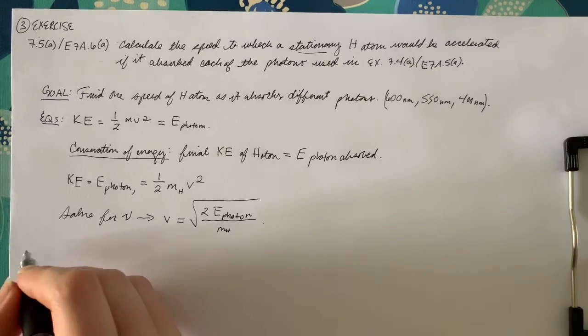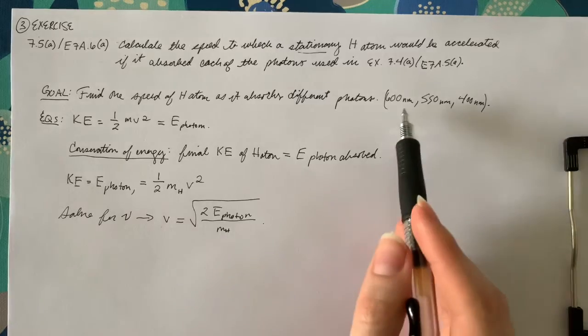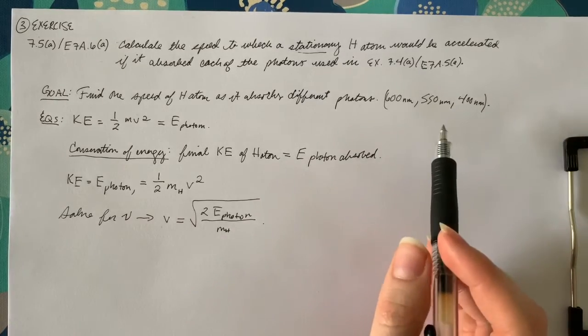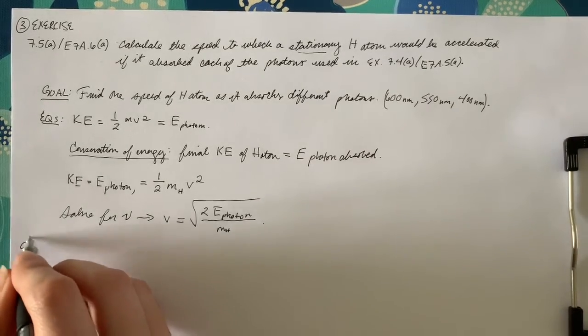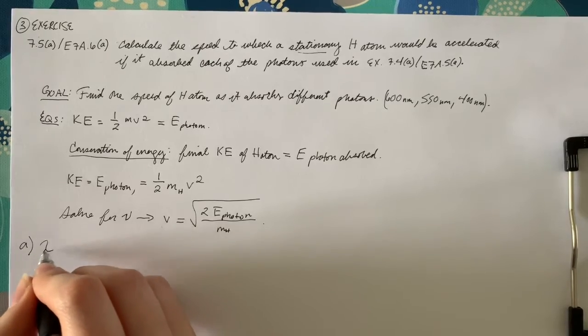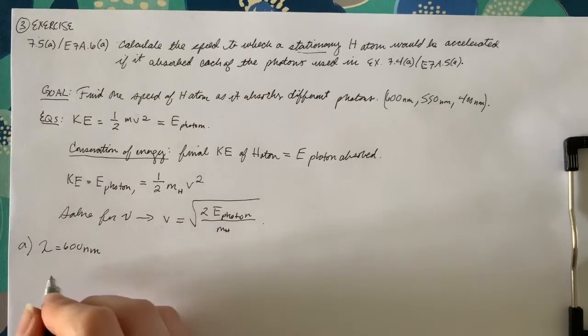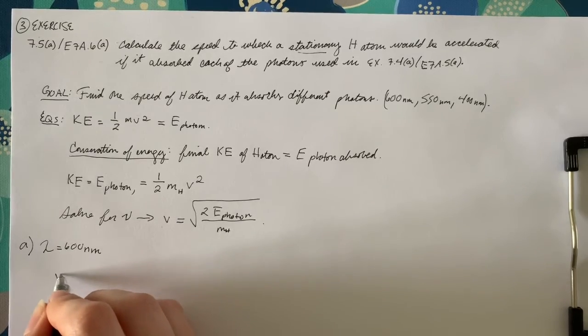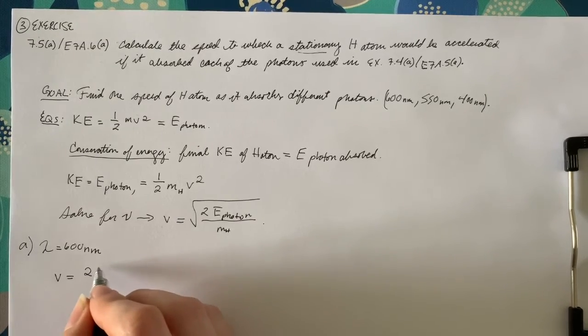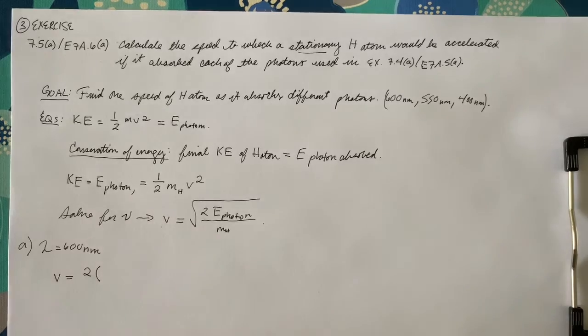Okay, so now we can just plug in, because we have the photon energies, and we can divide this up into 3 parts. Wavelength equals 600 nanometer, and plug and chug. v equals root 2 times the energy of the photon. So this is where we go back to the previous exercise, because we found the energy of that photon.